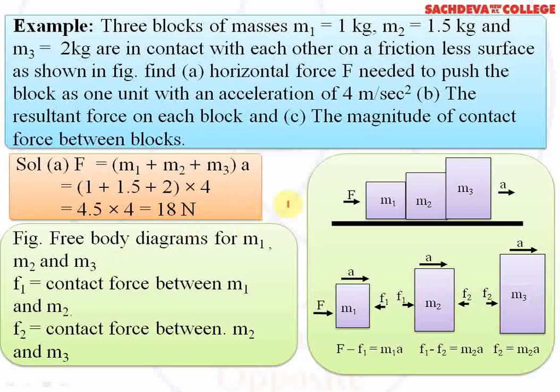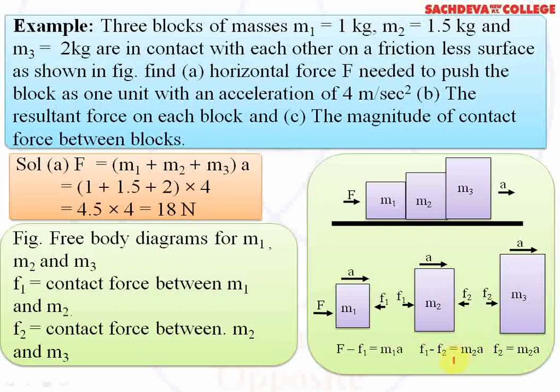We find in the first figure the difference of two forces is taken because F and F1 are in opposite directions. So the difference F minus F1 is equal to M1a. In the second figure, F1 and F2 are the forces, so we take the difference. In this case, we assume that F1 is greater than F2.